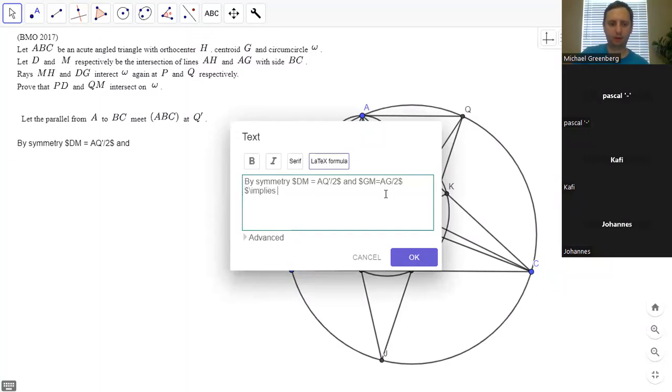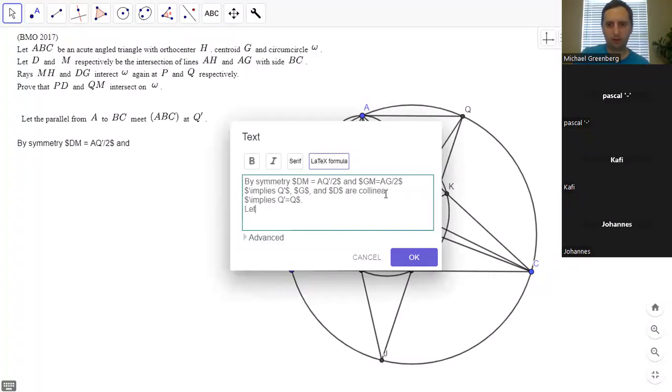So that implies that Q prime, G, and B are collinear, and that implies Q prime equals Q.